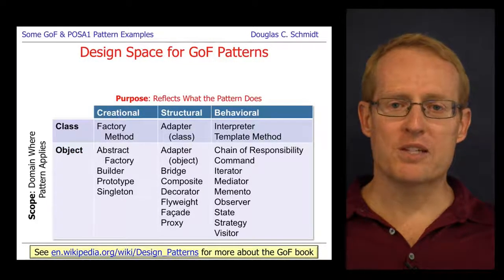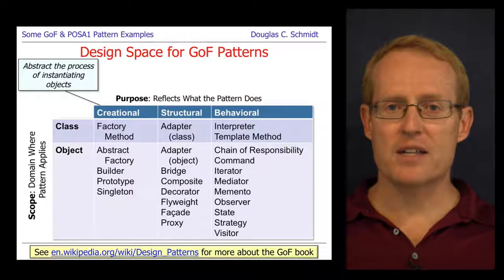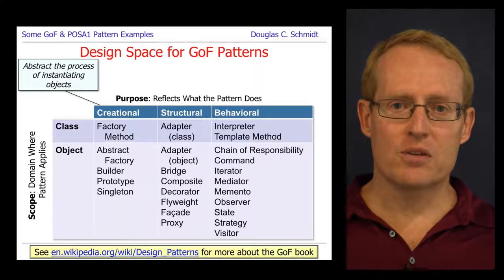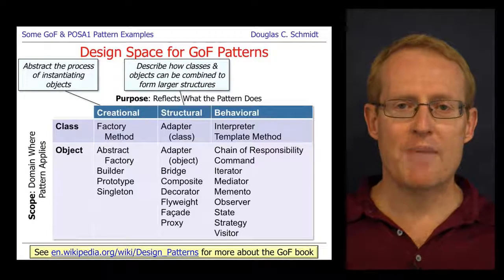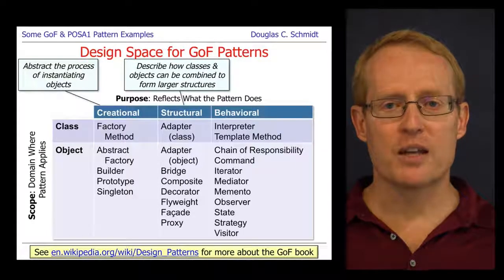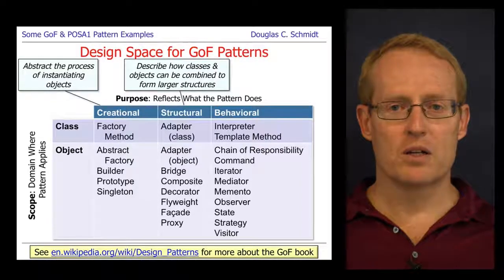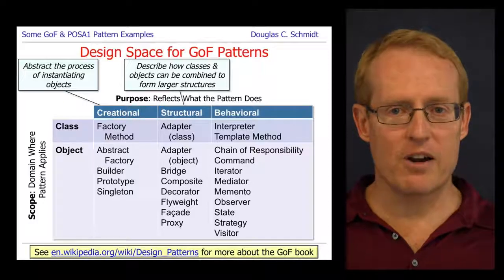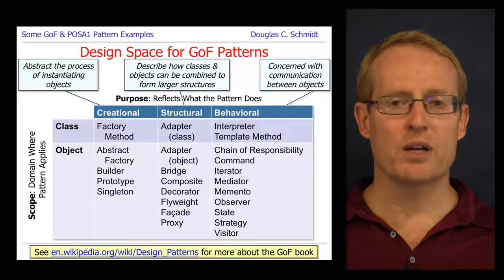One of the purpose areas is creational patterns, which abstract the process of instantiating objects. There's also another purpose category called structural patterns, which describe how classes and objects can be configured and combined to form larger structures. And then the final purpose area is called behavioral patterns, which are concerned with communication between objects.